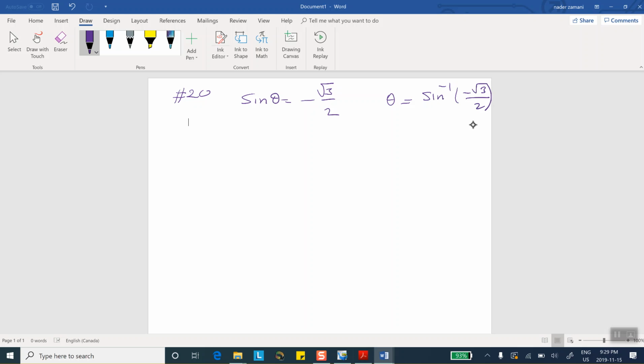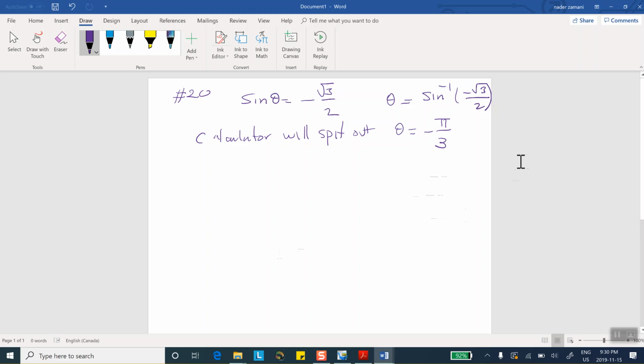What the calculator will spit out is theta equal to minus pi over 3.